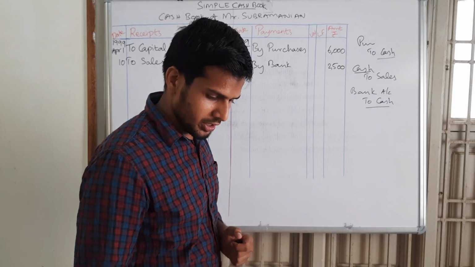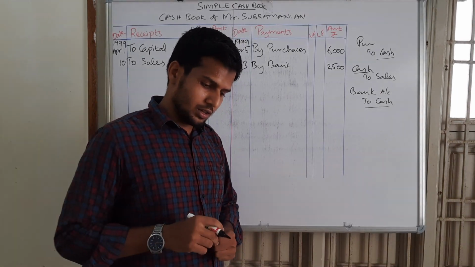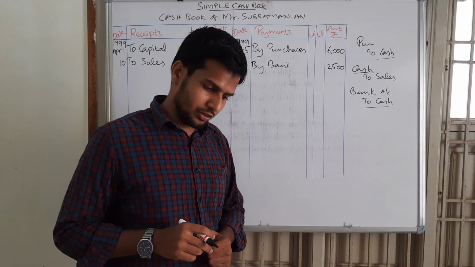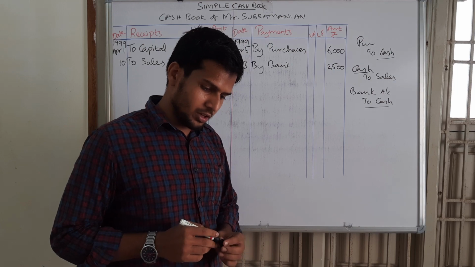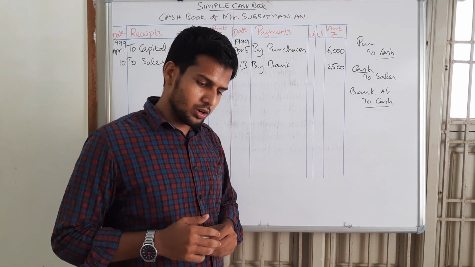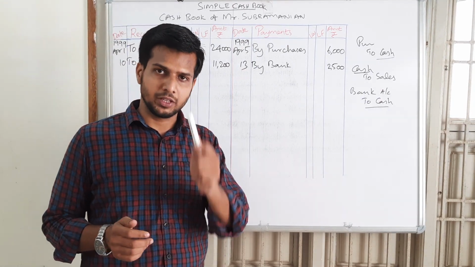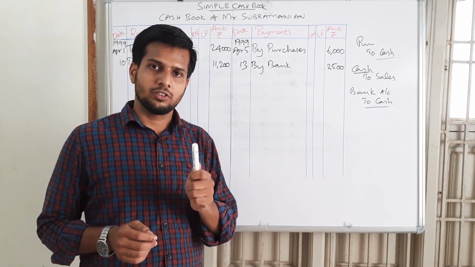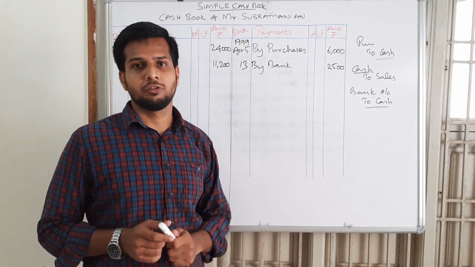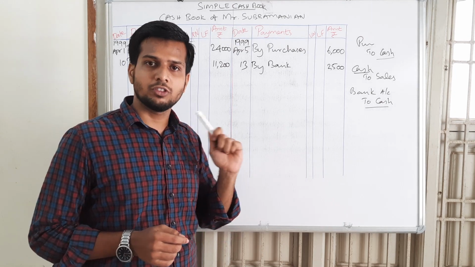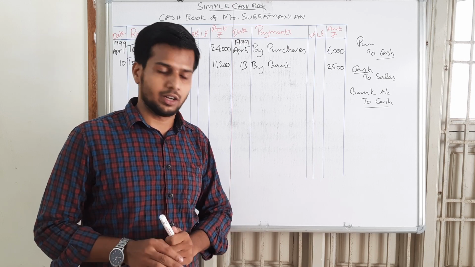And next we need to ignore the April 14th transaction, and the next transaction is April 15th transaction. Bought goods from Mohan on credit. So this is also a credit transaction that must be ignored. This transaction must be recorded in the purchases book and not in the cash book. Cash book is only for the purpose of cash transactions, not credit transactions.